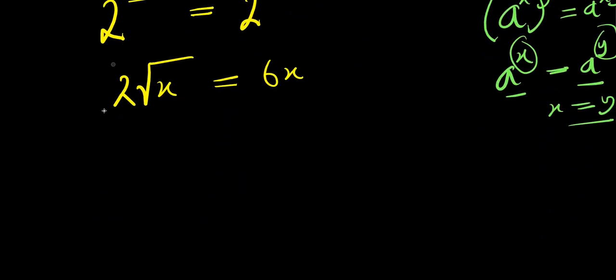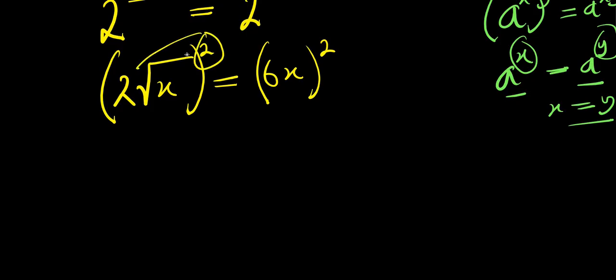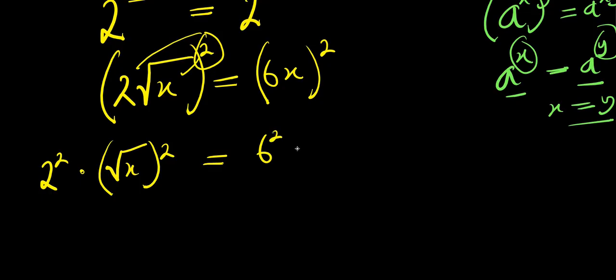So right now, we can decide to take the squares of both sides of this equation, meaning that here we are going to distribute this to each of the terms here. We start by having 2 power 2 times square root of x to the power of 2, and this equals 6 power 2 times x power 2.